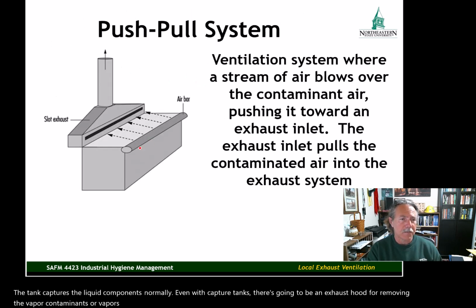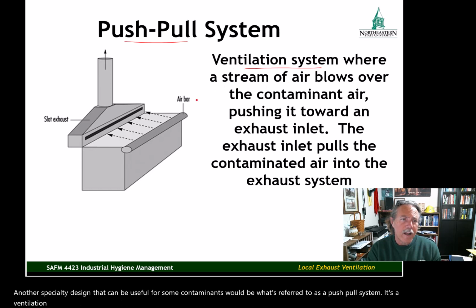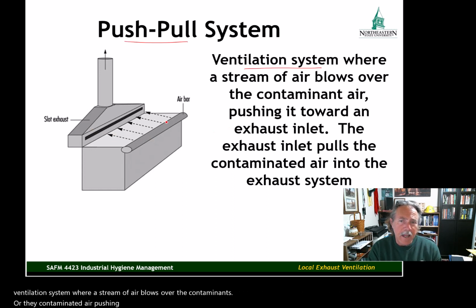Another specialty design that can be useful for some contaminants would be what's referred to as a push-pull system. It's a ventilation system where a stream of air blows over the contaminants or the contaminated air, pushing the contaminated air toward the exhaust inlet.